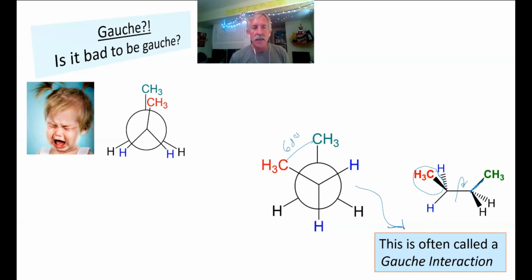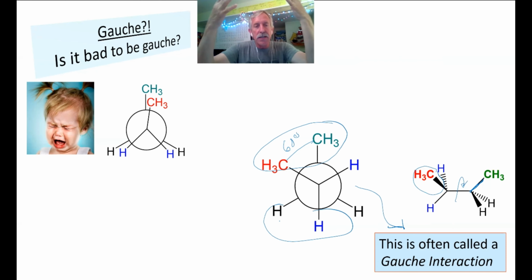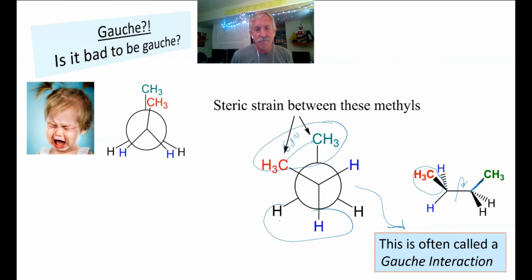They are not on the same plane. But they still look like they're both on top of this molecule. So that means they are both on top, and there's still a bottom, and they're on top but 60 degrees apart from each other. This is what gauche is. Okay? There's a little steric strain between these methyls, so it's not great.